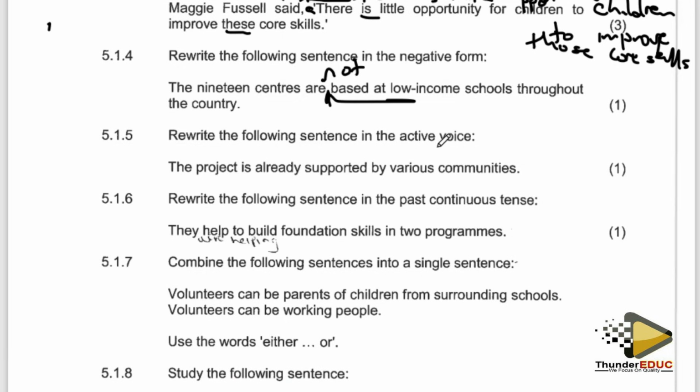Rewrite the following sentence in the active voice is our question. The project is already supported by various communities. Now, remember we have our subject, we have our verb, we have our object. So now our object is going to become our subject and our subject is going to become our object.